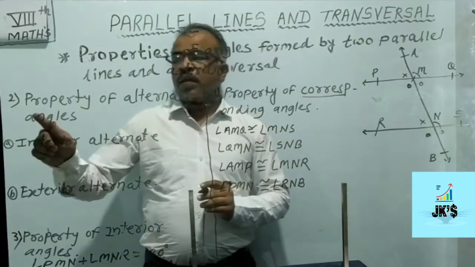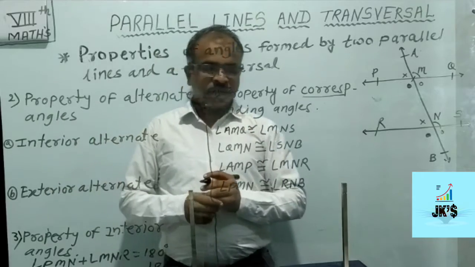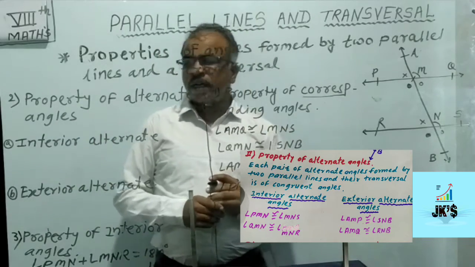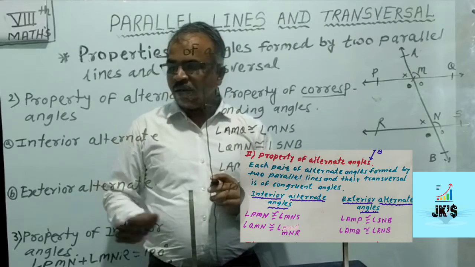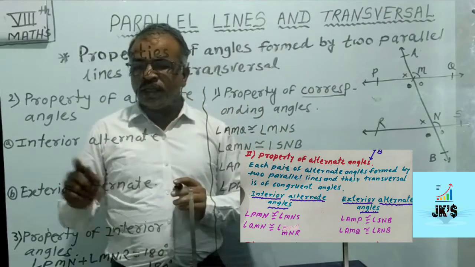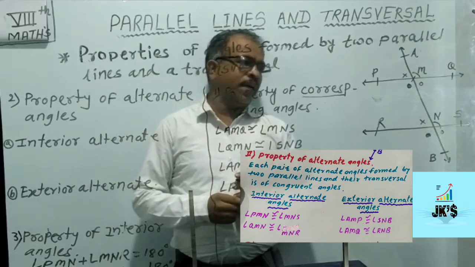Then the property of alternate angles. There are two types of alternate angles, interior alternate angles and exterior alternate angles. First we take the interior alternate angle pairs.